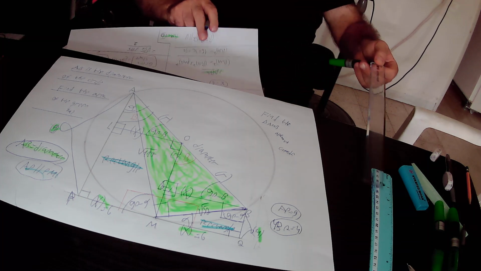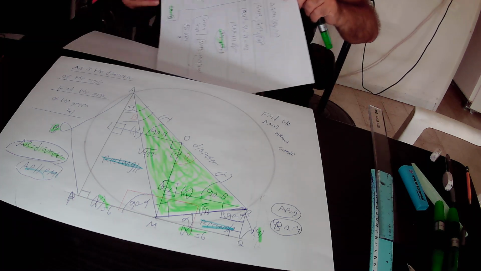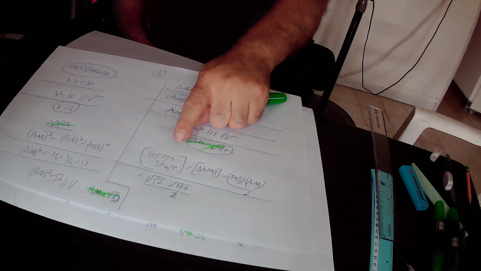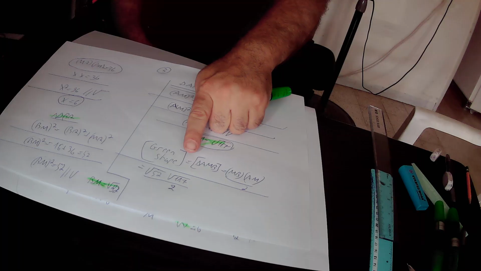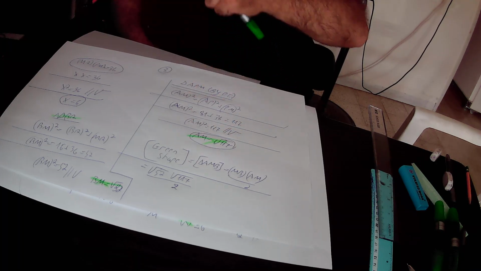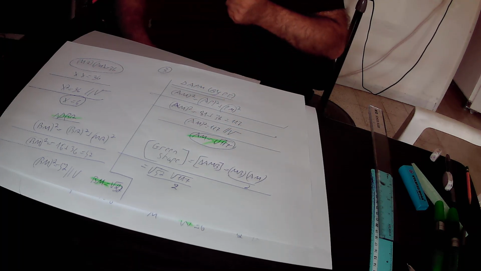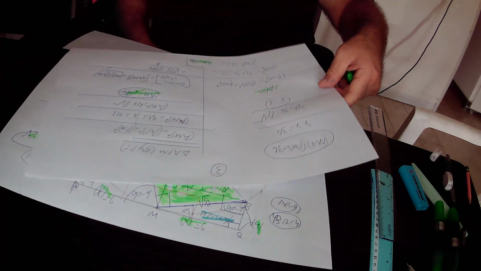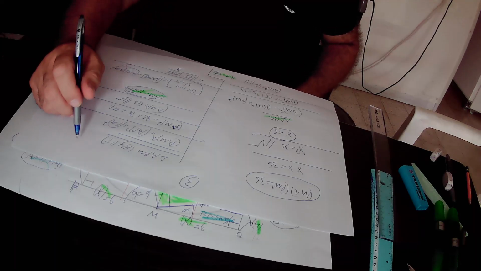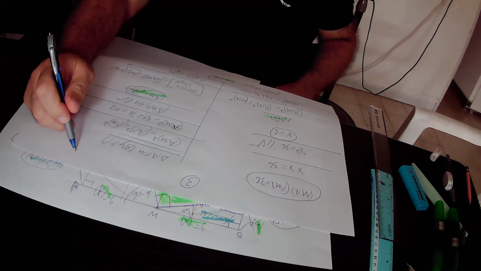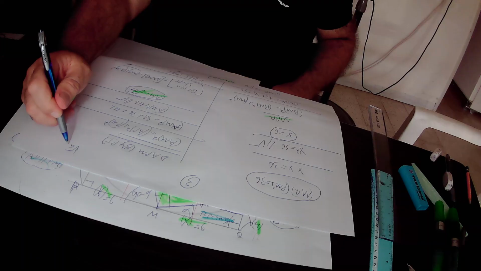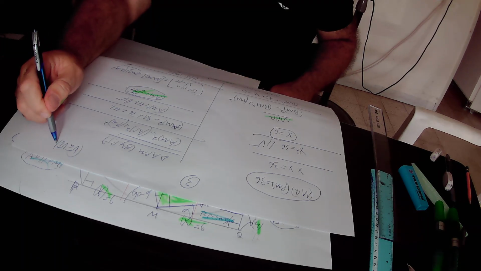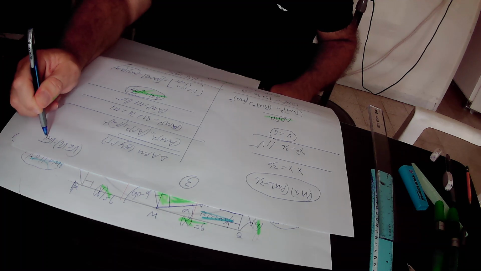So in total, we found out that the area of the green shape, that is the area of the right triangle ABM, is equal to the square root of 52 times the square root of 117 over 2. We have the algebraic identity that says that the square root of a times the square root of b is equal to the square root of a times b.